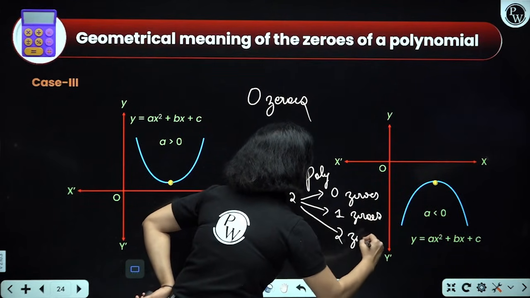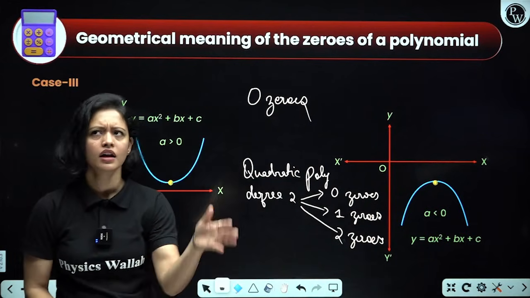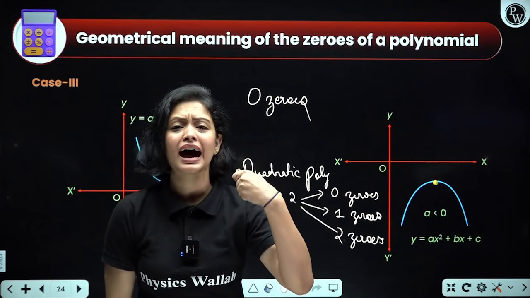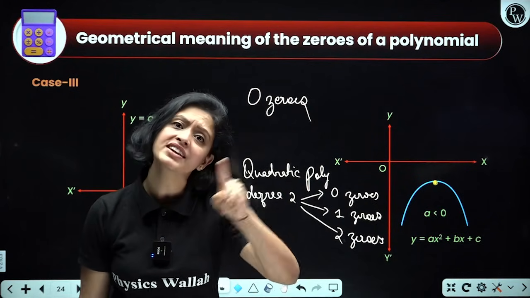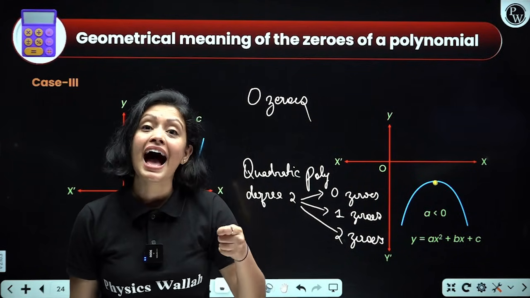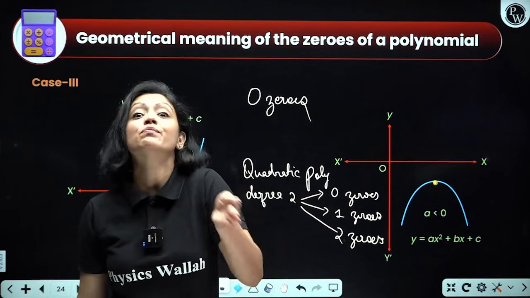So what can we say? Now we can clearly say that it is not necessary that a quadratic polynomial, that means a polynomial with degree 2, will have exactly 2 zeros. No. It will have at most 2 zeros.